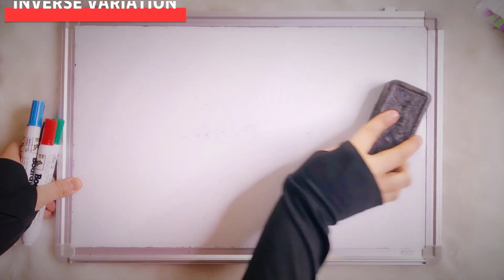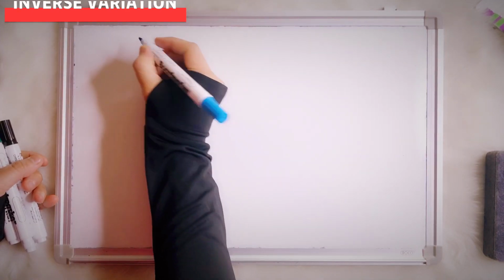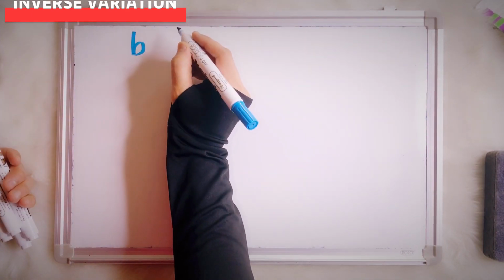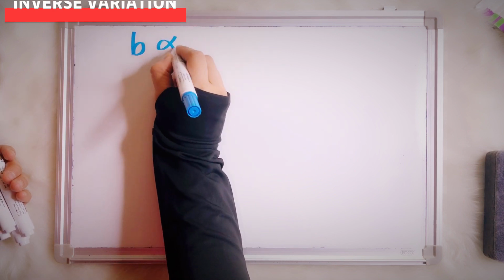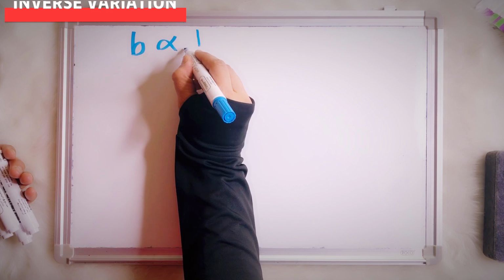Okay, so let's start. Let's say I put here the first question. B varies inversely as E. That means you have to put 1 over.